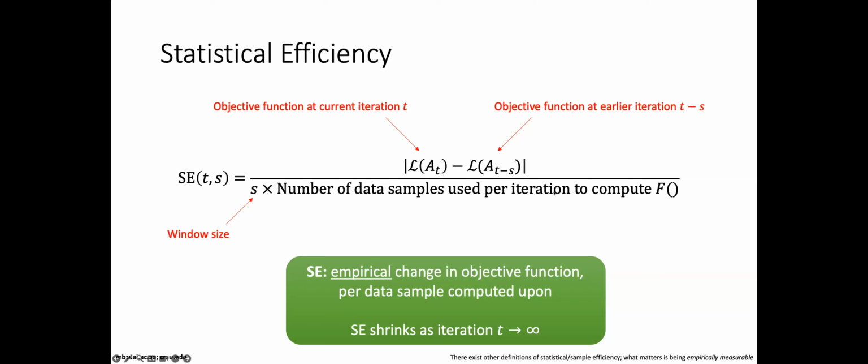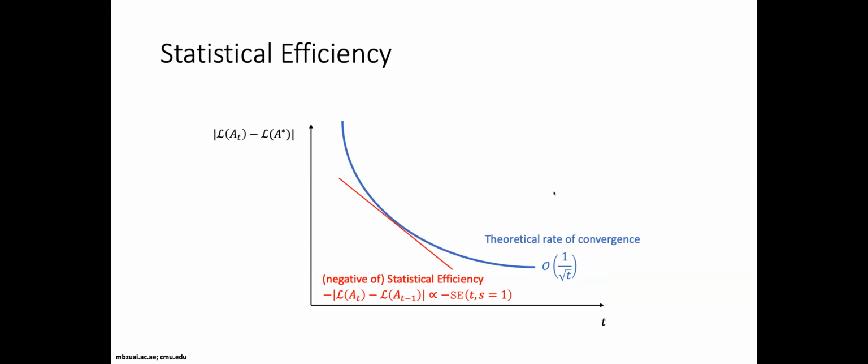So we're literally measuring the average rate of change in the objective function per data sample. And this is done empirically because we need something that's quantifiable in order to tune system performance, right? So stat efficiency, or the negative of stat efficiency, is essentially the tangent line to our theoretical rate of convergence, in the ideal case where the theoretical rate of convergence matches what we see empirically.